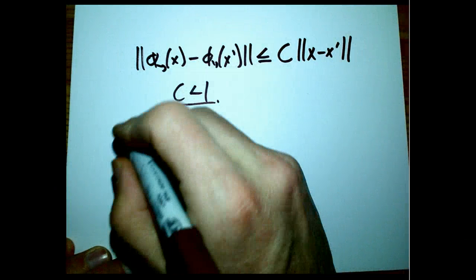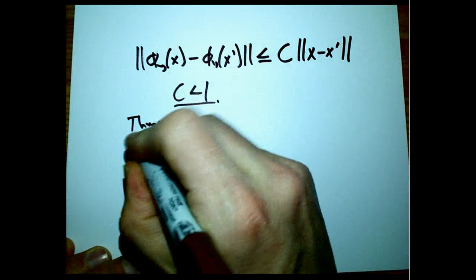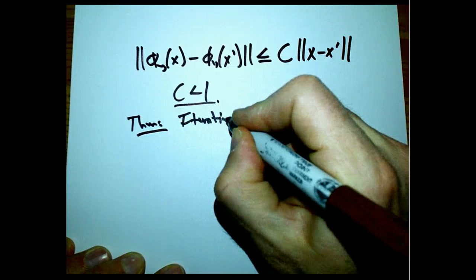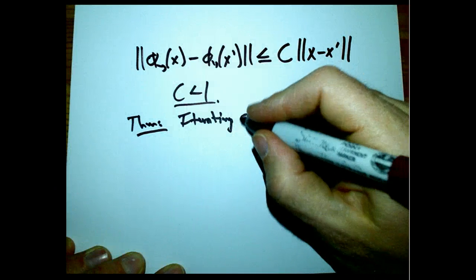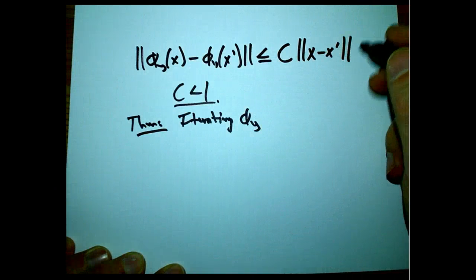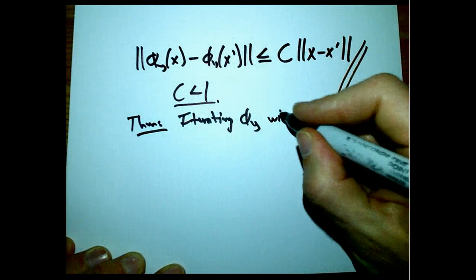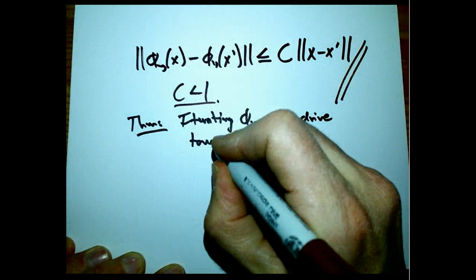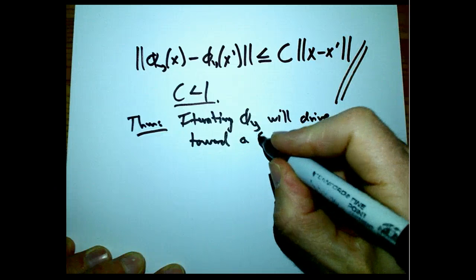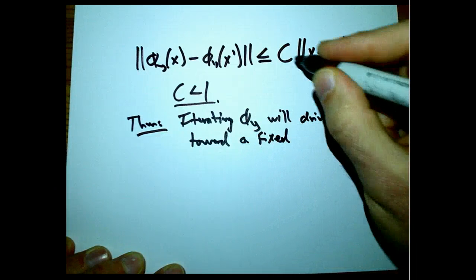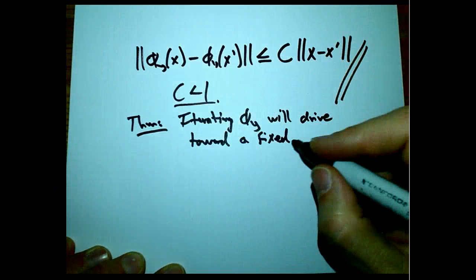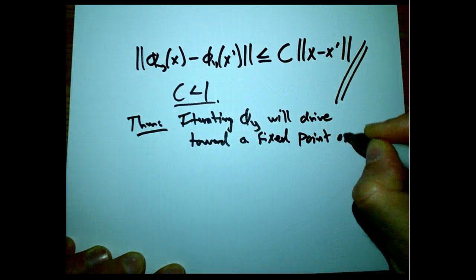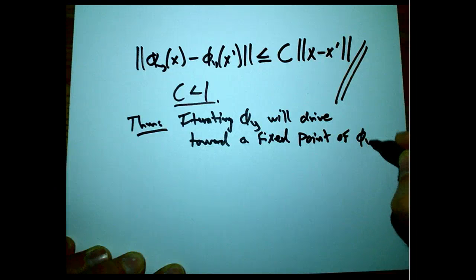And we have this wonderful theorem that says that iterating, and I'll give you the more precise version later, we're still just motivating stuff, iterating phi y, given this assumption, will drive toward a fixed point of phi y, and pretty efficiently if c is fairly small, if it's bounded well away from 1.